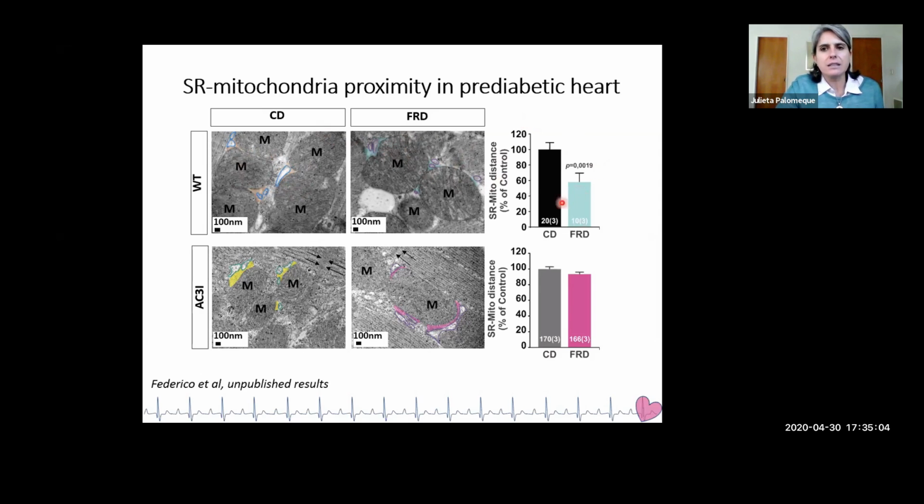And this is statistically significant, the closer proximity. So when we examine the AC3I mice, we cannot see any difference between the control diet and the FRD diet at the level of the distance between the sarcoplasmic reticulum and the mitochondria.